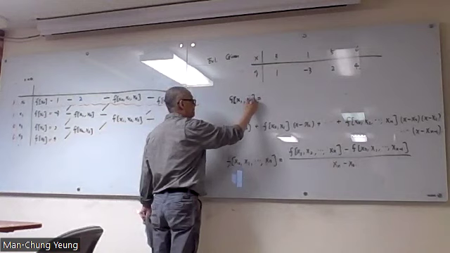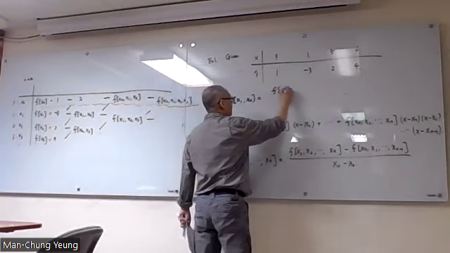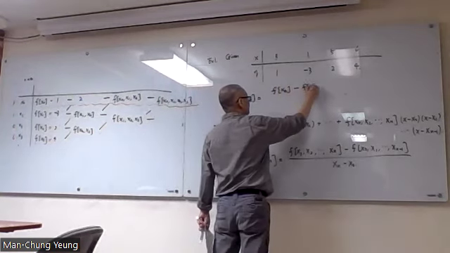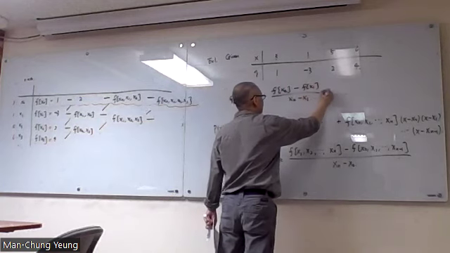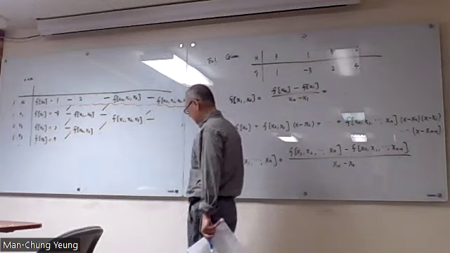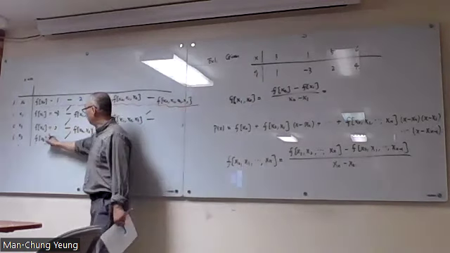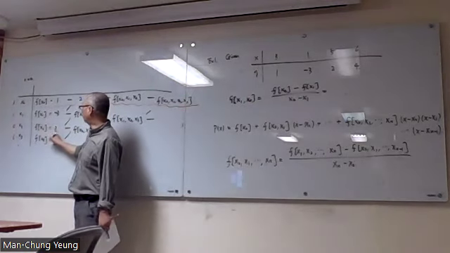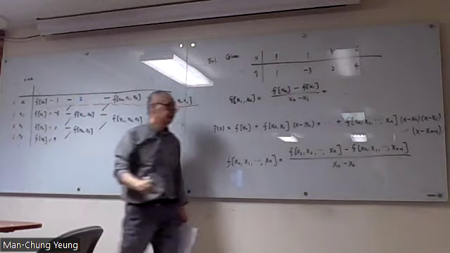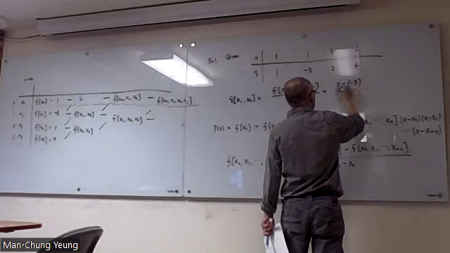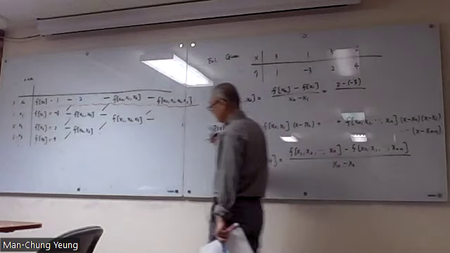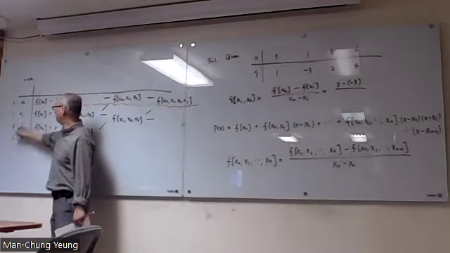X1, X2 by formula: f[x1, x2] equals f(x2) minus f(x1), over x2 minus x1. So 2 minus negative 3, then over x2 minus x1. So 5 minus 1.